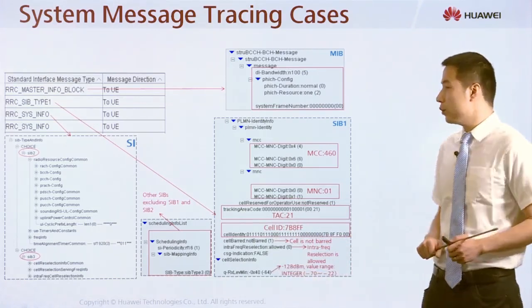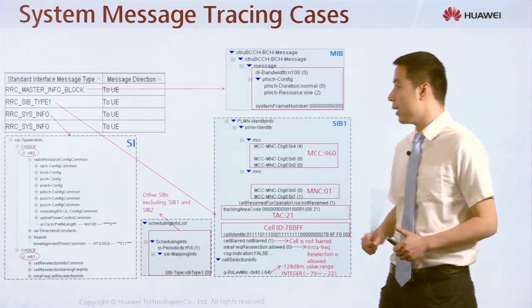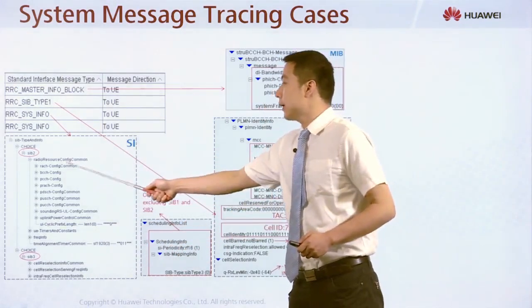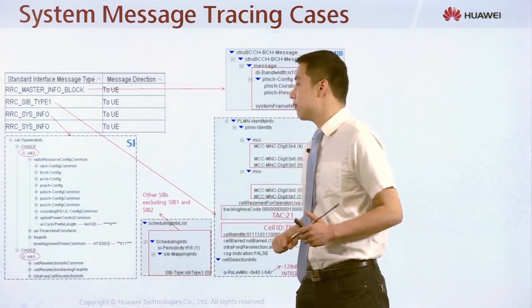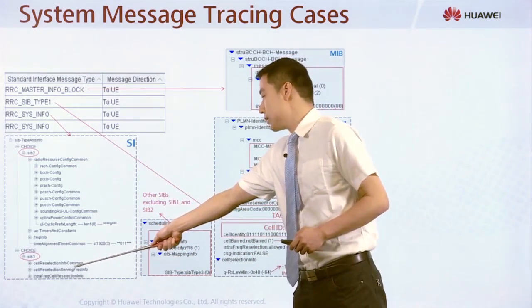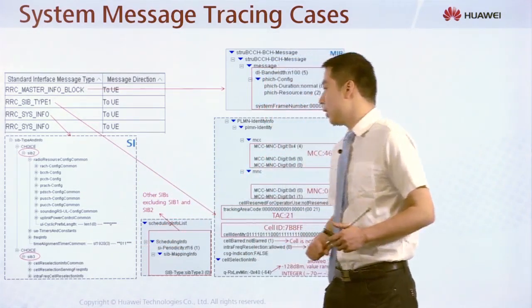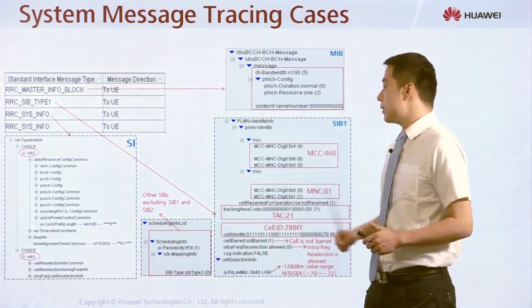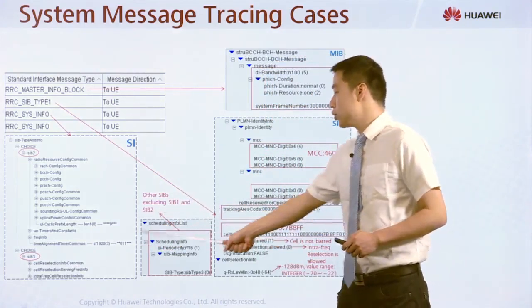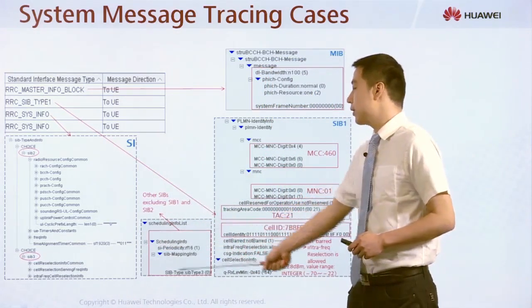For the SIB2 and the SIB3, look at these examples. SIB2 carries the physical channel configuration information, and SIB3 carries the cell reselection parameters. The other SIBs, except SIB1 and SIB2, are listed in these circles.